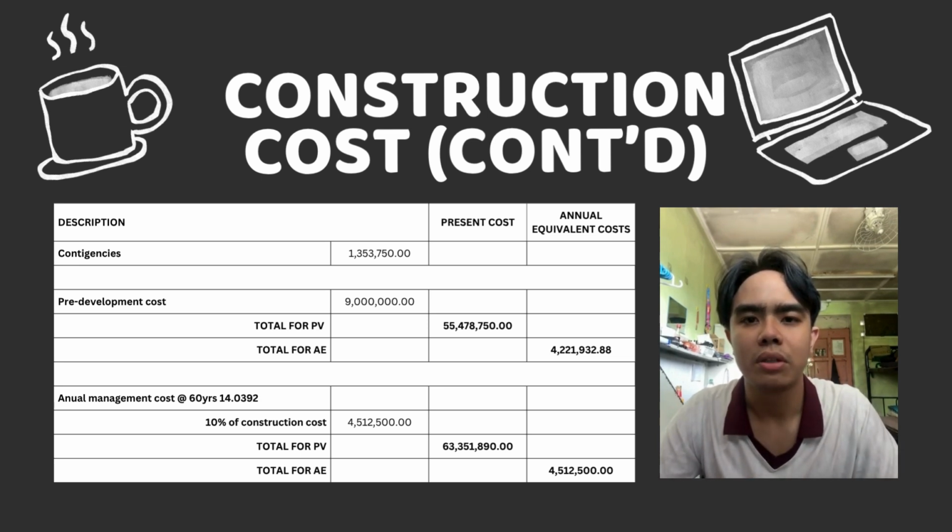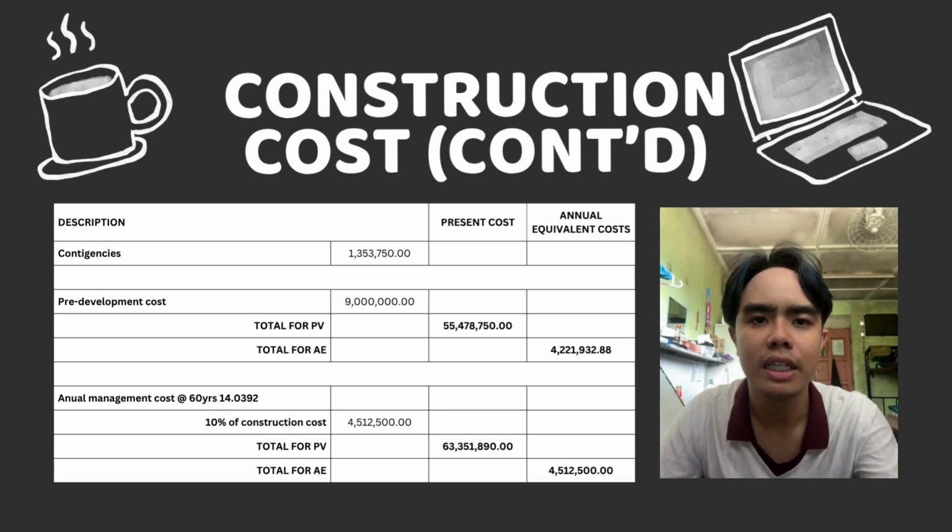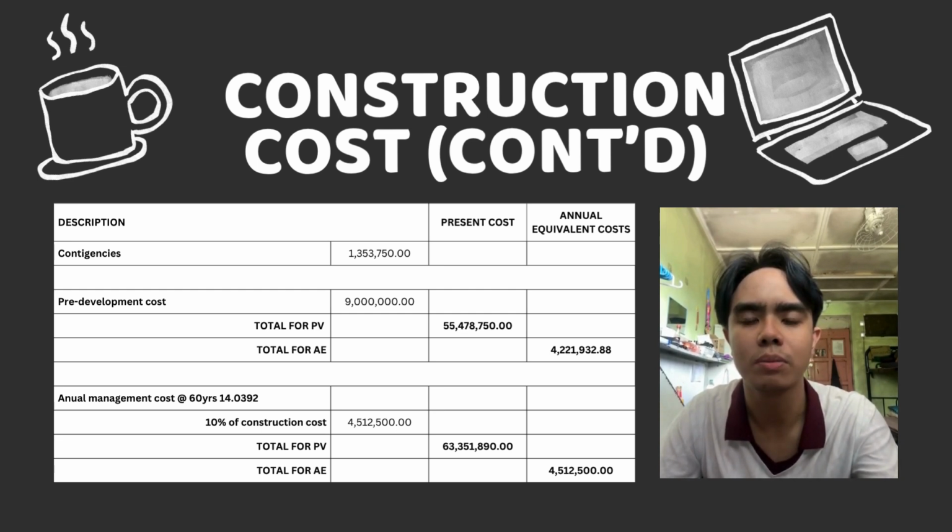For the pre-development cost, this cost is incurred before construction begins and includes expenses such as professional consultancy fees, planning approval fees, feasibility studies, site investigation, legal fees, and other administrative costs required to prepare the project. In this question, the pre-development cost is already stated as 9 million ringgit, hence no calculation is required.